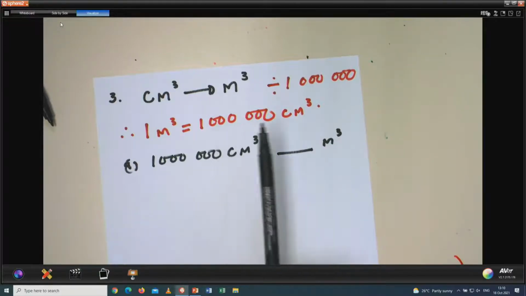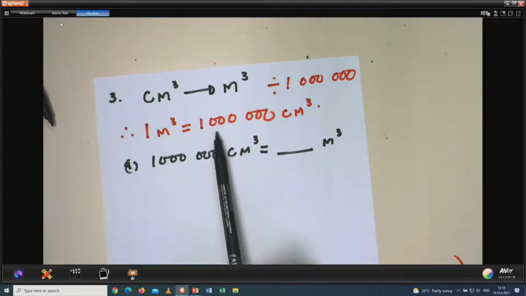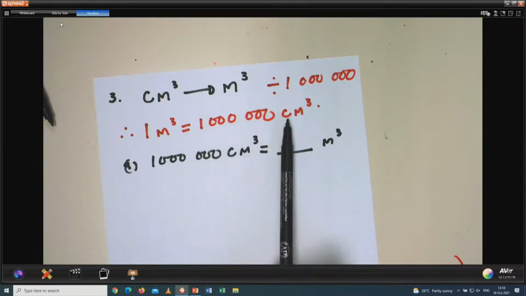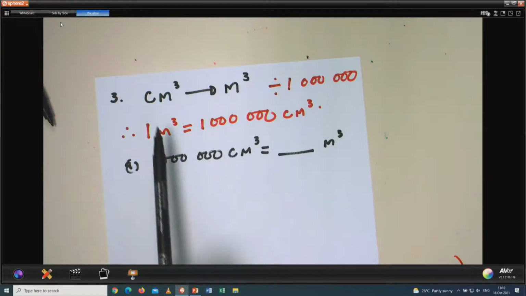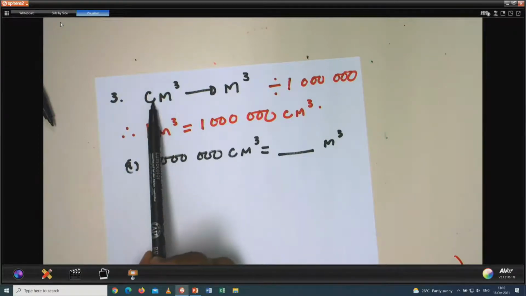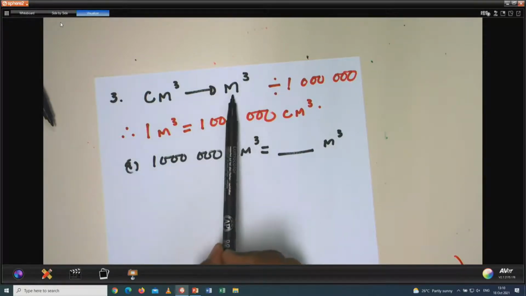When we work it out, the volume of those small ones will be worked out to 1 million cubic centimeters.